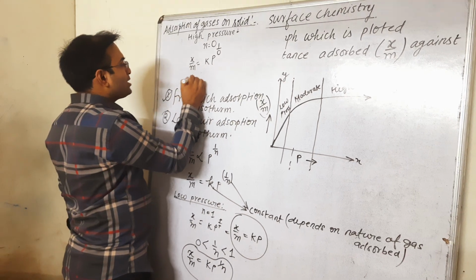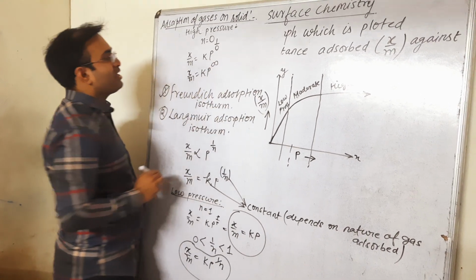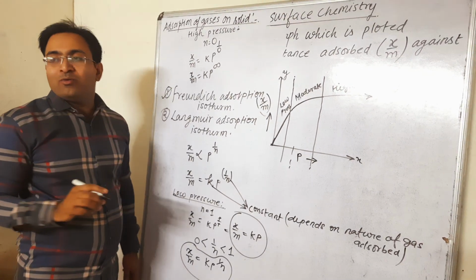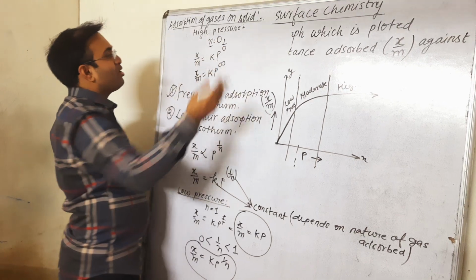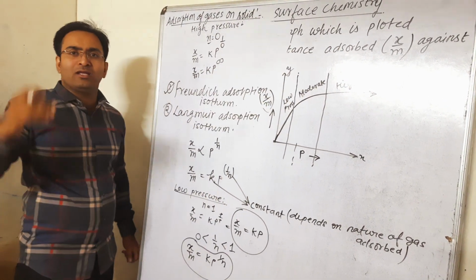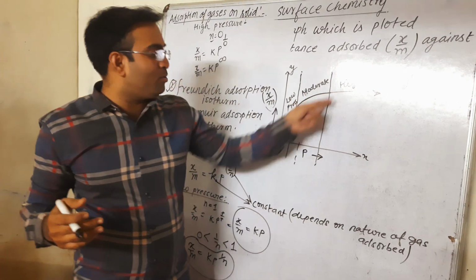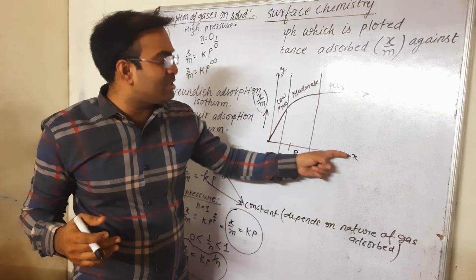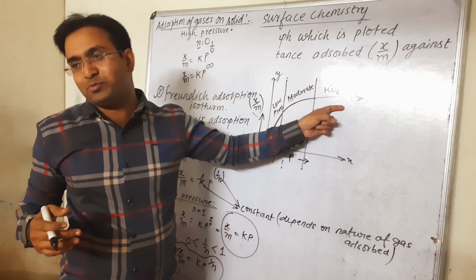So x by m equals k p to the power infinity. As we know, for any gas the value of n cannot be 0. The pressure is leading toward infinity. Even though you are constantly increasing the pressure, there is no increase in the amount of adsorption.